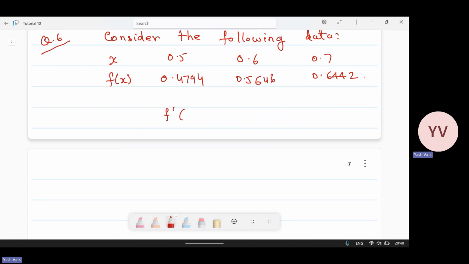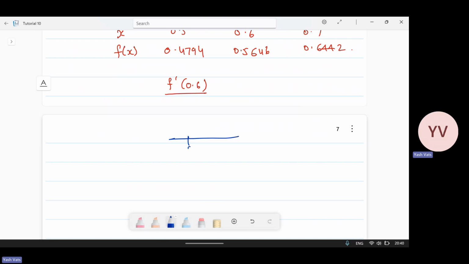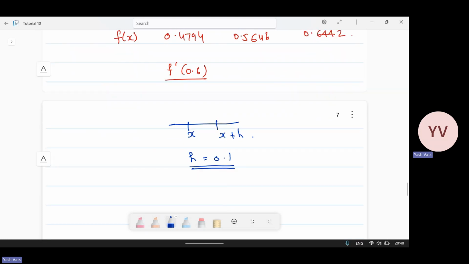We have to use the forward difference approximation to find this, and this is easy, right? In forward difference you need x and x plus h, and h here is 0.1, clearly from the table.